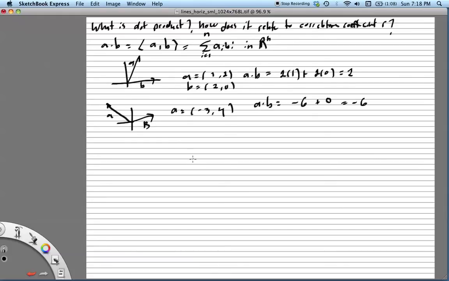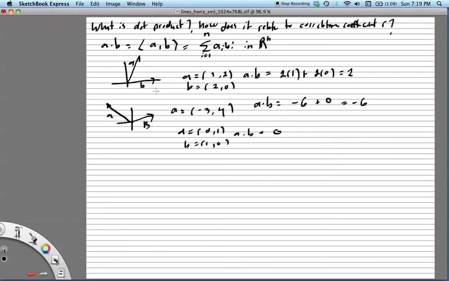What if A and B were aligned with the coordinate axes themselves in our xy plane? So let's just have A equal (0, 1), B equal (1, 0), and A dot B is equal to 0.